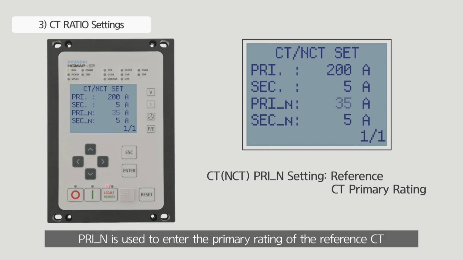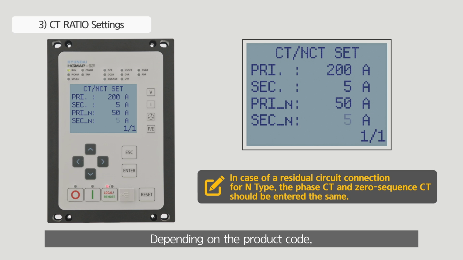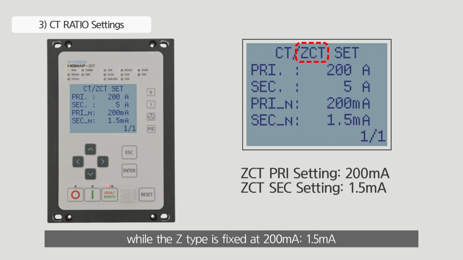Primary N is used to enter the primary rating for the reference CT. Depending on the product code, the N type uses a zero-sequence current transformer rated at 5 ampere, while the Z type is fixed at 200 mA to 1.5 mA.